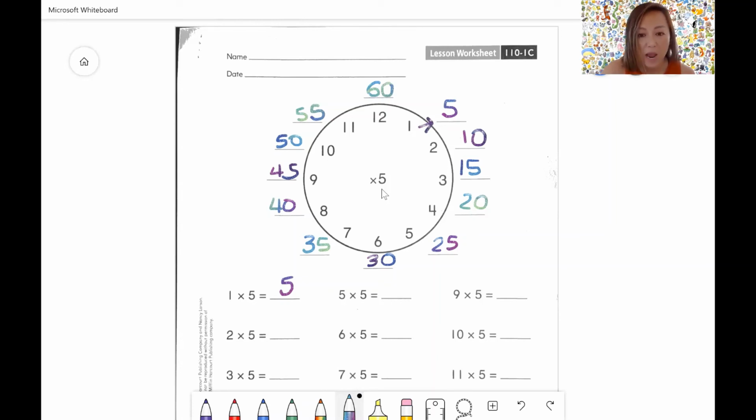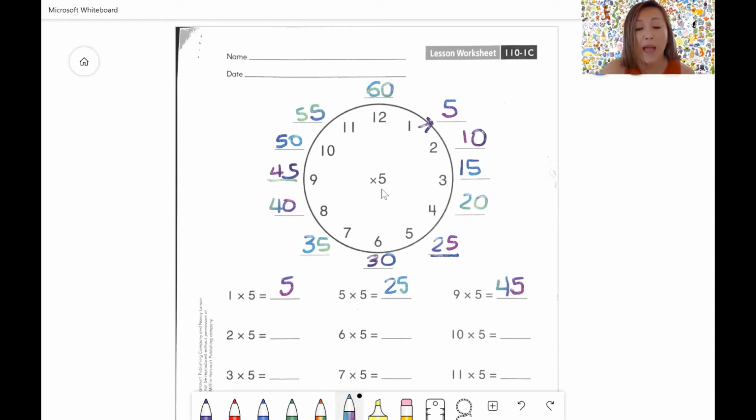If I do 5 times 5, I'm going to look at 5, and look, 5 times 5, what's the answer? 25. Okay, 9 times 5, I'm going to go find number 9. And whatever those minutes are next to number 9, that's actually giving us a great shortcut, right? 5 times 9 is 45. Okay.